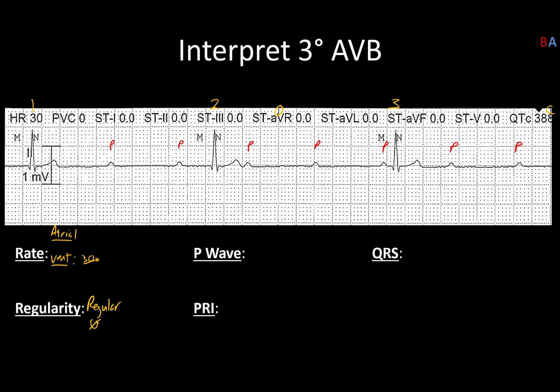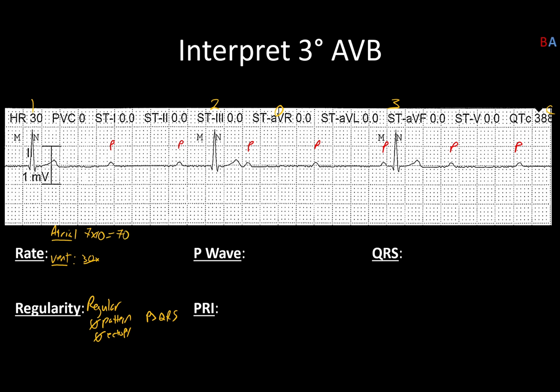I don't see a pattern offhand, and I don't have any ectopy, but I do have more P's than QRS. Atrial rate, I would count 1, 2, 3, 4, 5, 6, 7. So I've got an atrial rate of 7 times 10, which is going to be around 70.